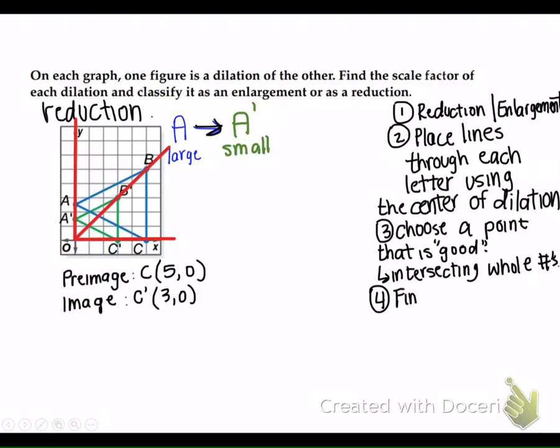The 4th step. Find scale factor. To find the scale factor will always be the following. Image over pre-image.